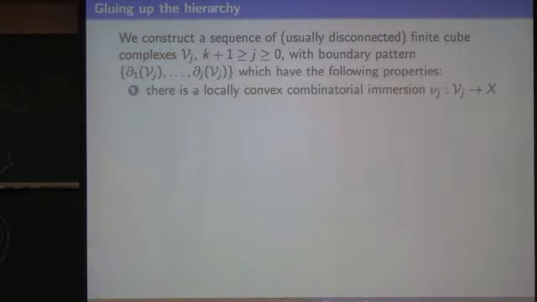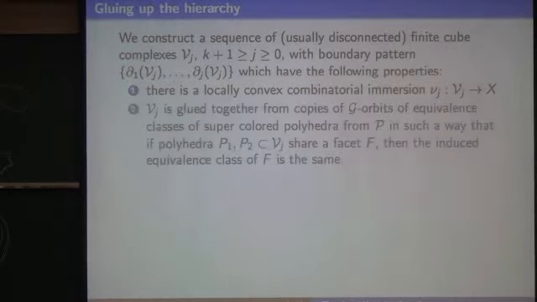So you construct a sequence, usually disconnected, of finite cube complexes V_j with a certain boundary pattern of colors, colored 1 through j, which has the following properties. There's a locally convex immersion from V_j into X. So the first, V_{k+1}, will be just this disjoint collection of these supercolored polyhedra that we got from the solution of the gluing equations, the integral solution. So it's just a disconnected set of polyhedra.